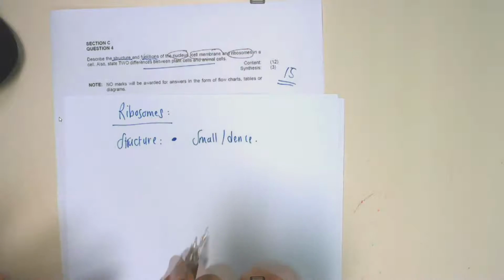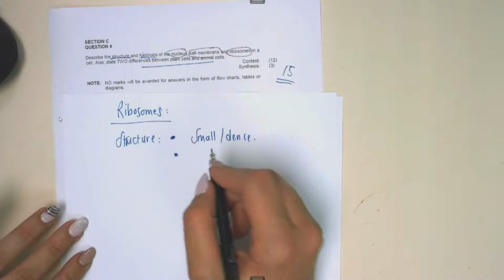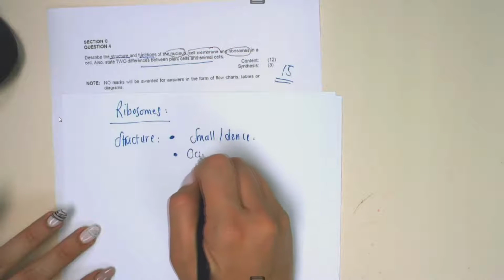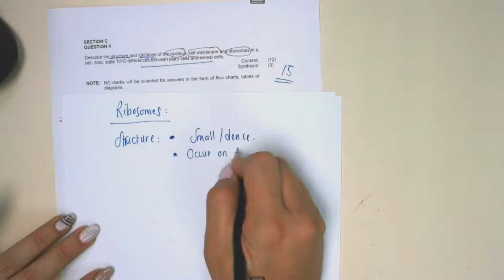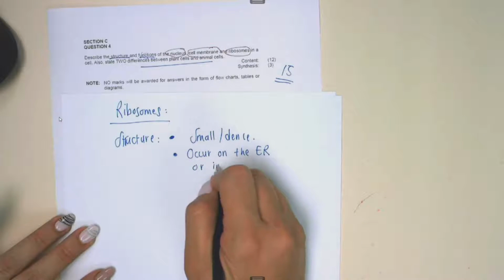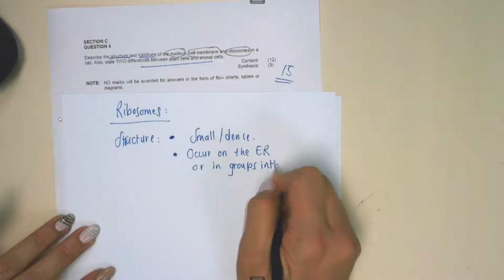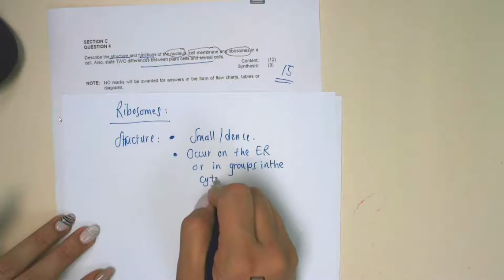They are small and dense organelles. As well as they either occur where? They either occur on the ER or in groups in the cytoplasm.